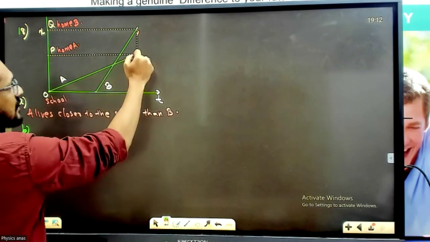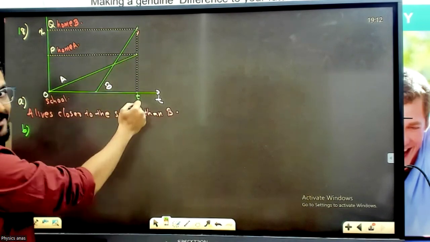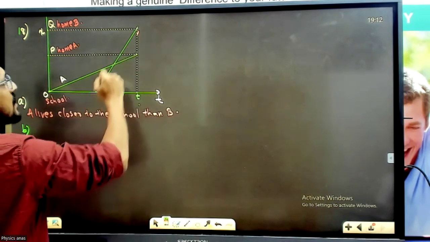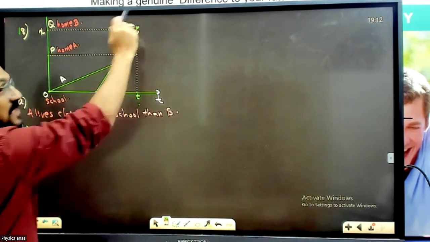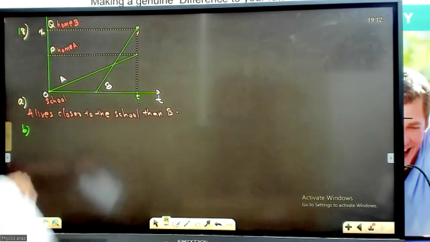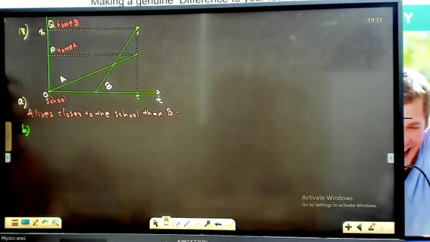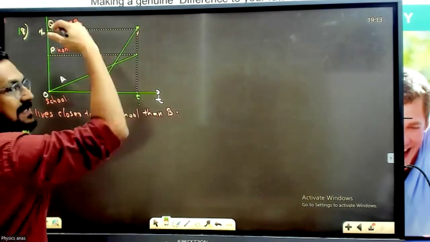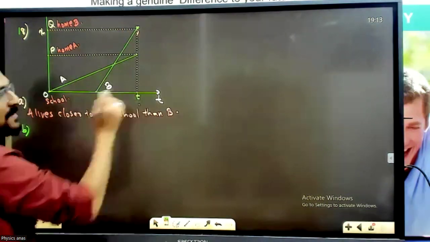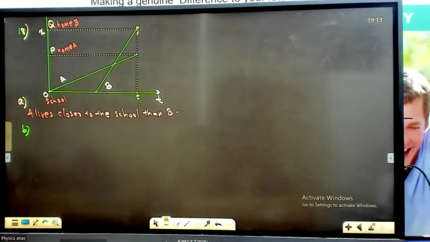A reached home at time T. B has reached his home, which is very far compared to A, but even then, he reached his home at the same time. That means he must have walked faster.